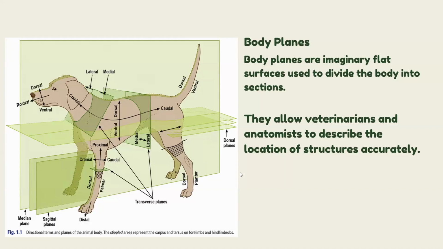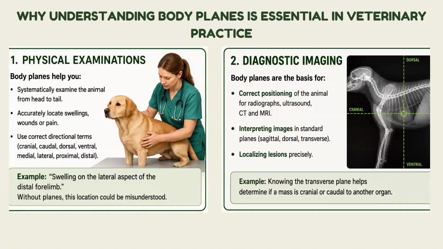Precise accuracy. This is why you should know your body planes. I'm just listing out the reasons why you should know your body planes. In the next video, I'm going to educate you properly on what body planes are, the different types, and also the associated planes along the line.